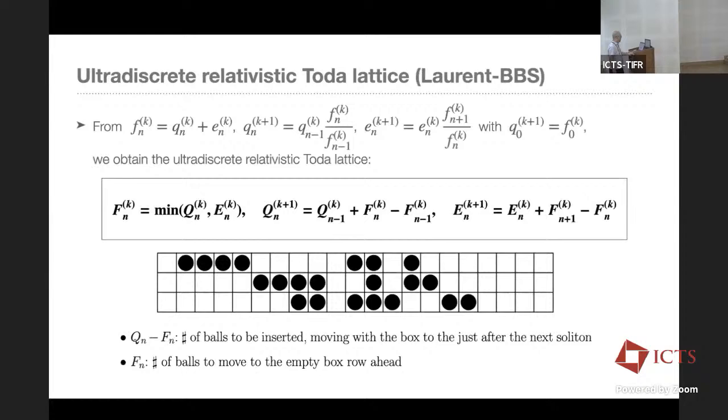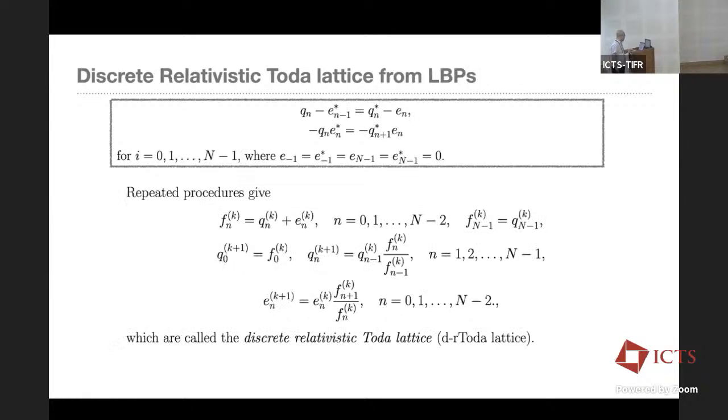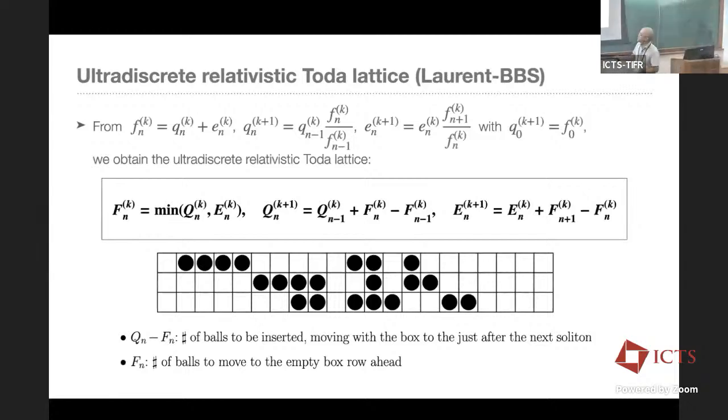And then we can introduce the corresponding relativistic ultra-discrete model. So this is our discrete one. And I just omit the dependent variable transformation.